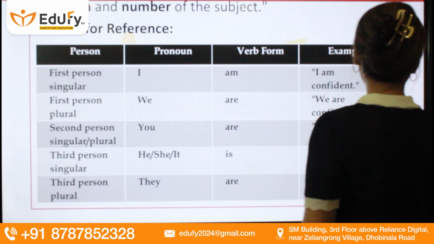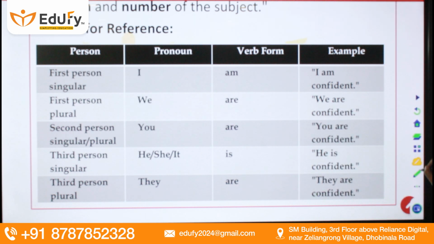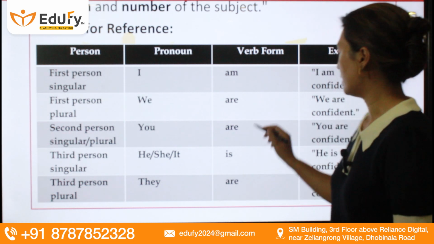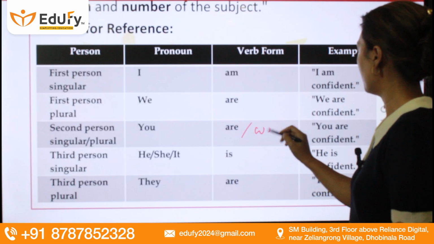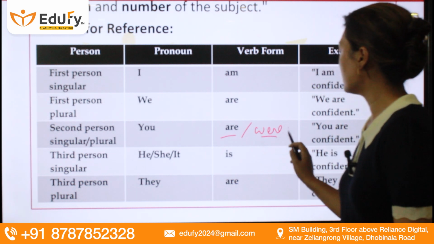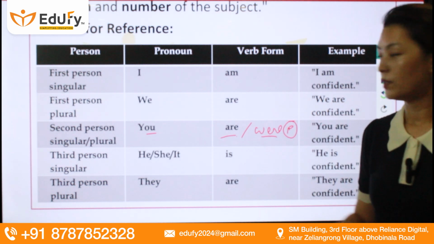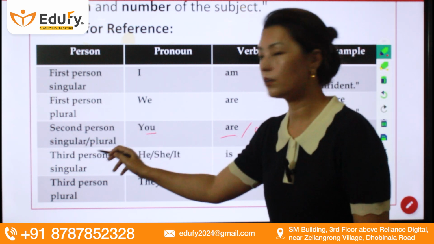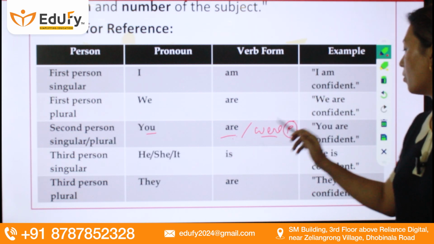If you want to write this, are is in the present form. If you want to write in the past form, then you will have to write you were, right? So we are considering them as the plural in the verb form. So whenever you have second person singular or plural, then you will have to write it in are or were.